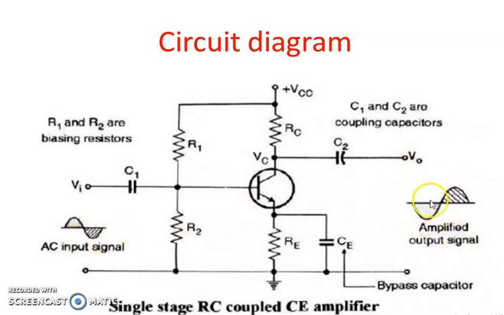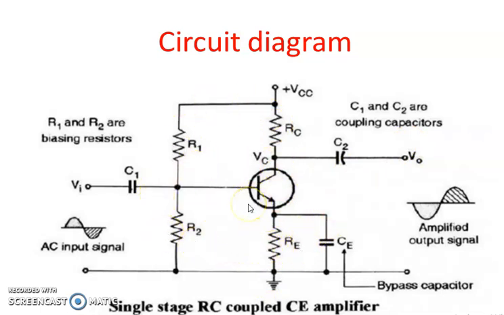The input signal and the amplified output will be 180 degrees out of phase, since we are biasing the transistor in common emitter configuration. Here the emitter is common to both input and output. So the input is the base, the output is taken from the collector, and the emitter is the common terminal. So this is the circuit diagram of the CE amplifier.